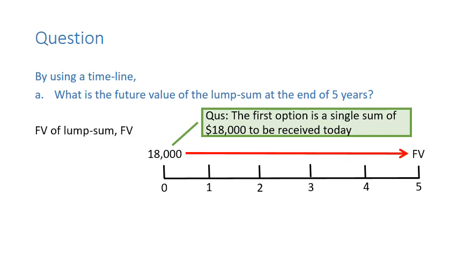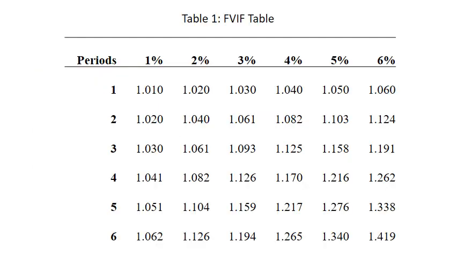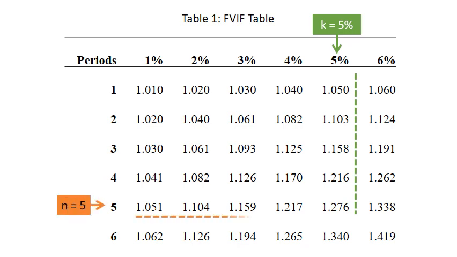So the future value of the lump sum equals FV equals PV times FVIF 5% and 5. So refer to the FVIF table. We know the K is 5% and N is 5.